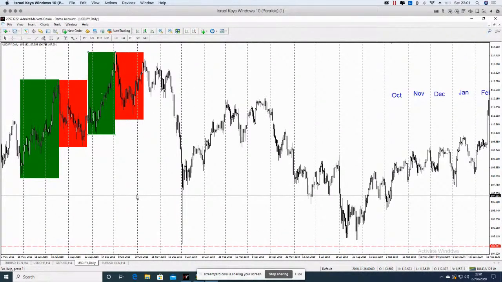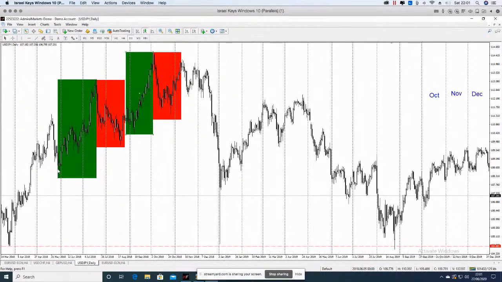Notice something. This starts when? In April 2018. So April, May, June, 3 months. Then there's a down in July and August. Then another up that spans 1, 2, 3 months. And then another down that spans just about 2 months.